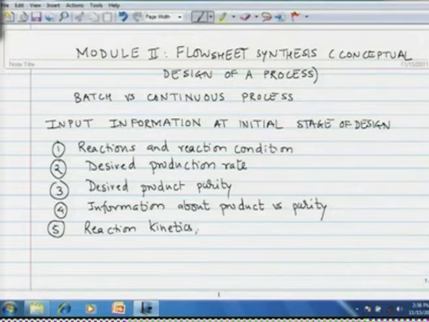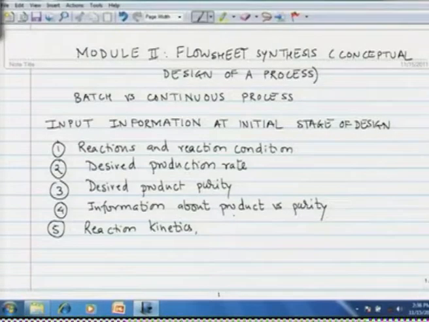The phases of reaction, whether it is a single phase reaction, 2 phase reaction, 3 phase reaction, and then in case of catalytic reactions, we also need to know the rate of catalyst deactivation. Catalyst is an expensive component of the process. So, the knowledge of catalyst deactivation is essential.